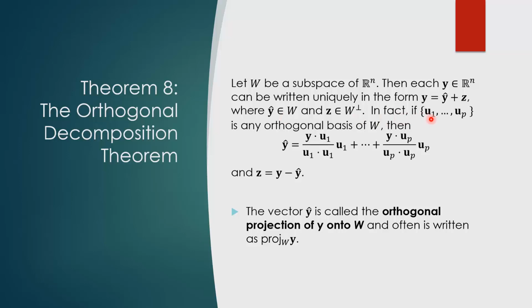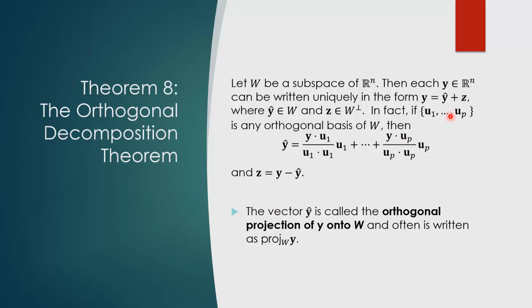In fact, if u1 through up is an orthogonal basis for W, then y hat, that vector that's in W, is going to be a linear combination of the basis vectors of W. And the constants, or the weights, in that linear combination would be these projection component vectors.